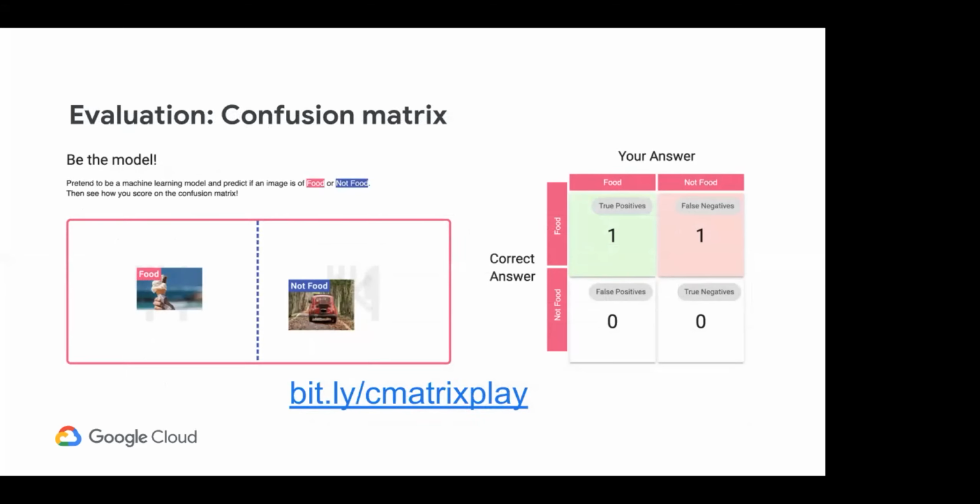There is also a concept of confusion matrix that is generally used to evaluate your model. It's a 2x2 matrix where you have the correct answer versus the predicted answer, and you have the true positive, false positive, false negative, and true negative.